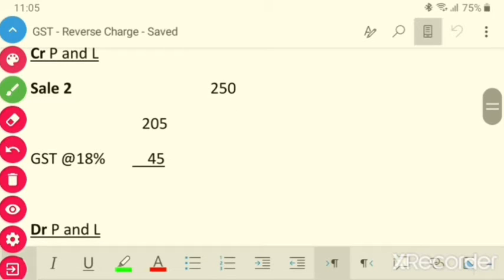Now, sale is happening at 250 rupees. In that, GST is 18%. So without tax, sale value is 205. With GST, it is 250. 45 is the tax component, 250 is the sale value.